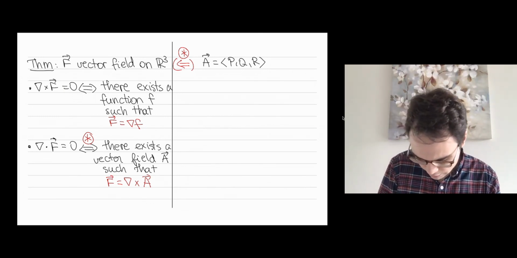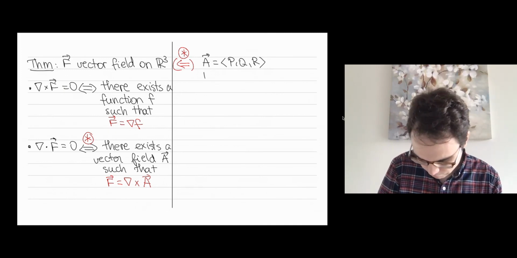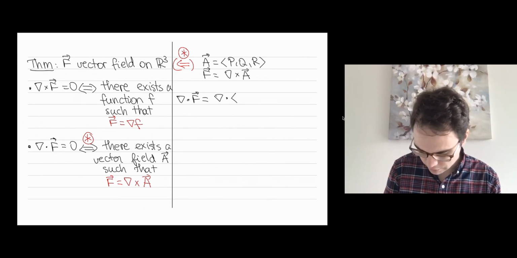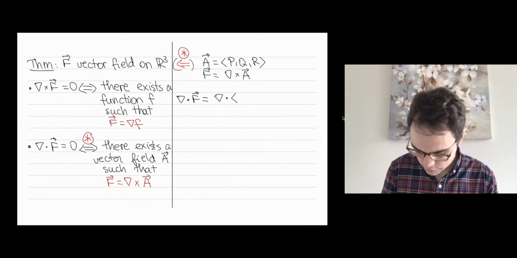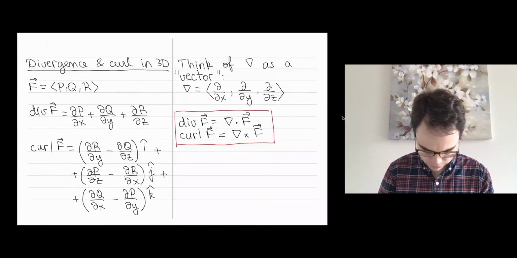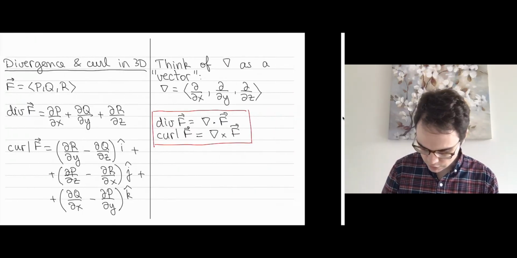So F is the curl of A. We want to know what is the divergence of F. Well, this is the divergence of the curl of A, so let me find the formula for the curl. The first component is R sub y minus Q sub z.